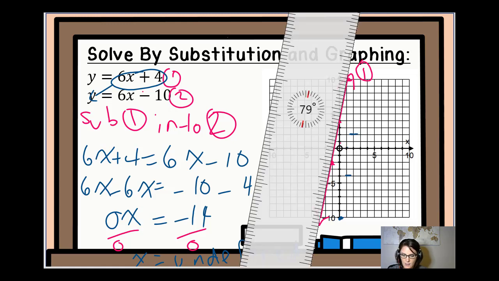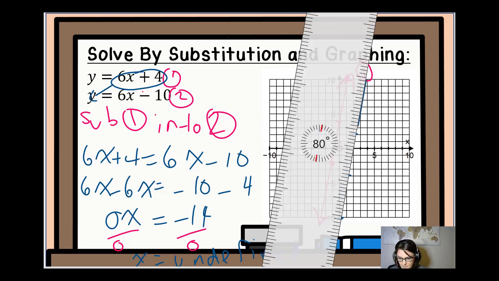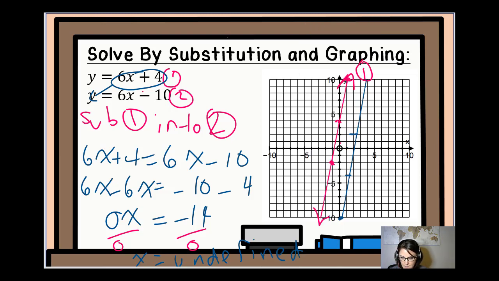And we're going to connect our dots. Again, drawing arrowheads, and I'm going to label the blue line equation 2. So I can see that my lines are parallel, and that means they're never going to cross or intersect, so there will never be a solution.